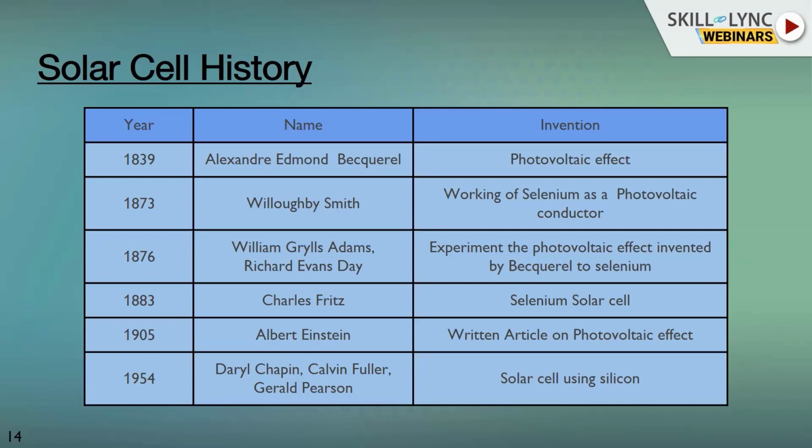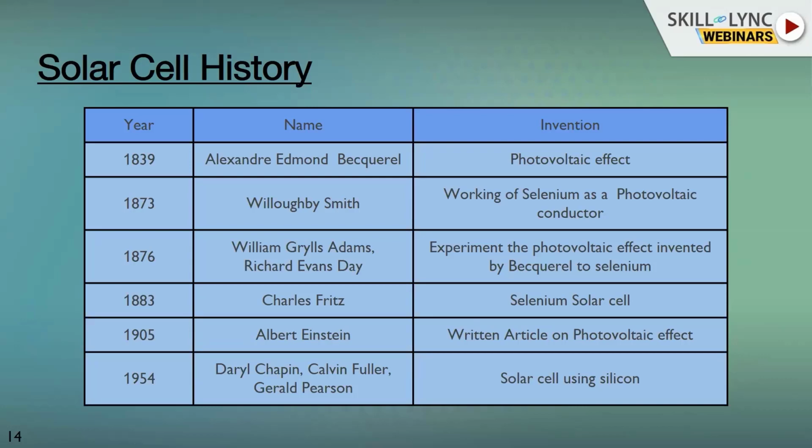In 1954, Gerald Pearson, Calvin Fuller, and Daryl Chapin invented the first solar cell using silicon. At that time, they needed an electrical power supply for space satellites.